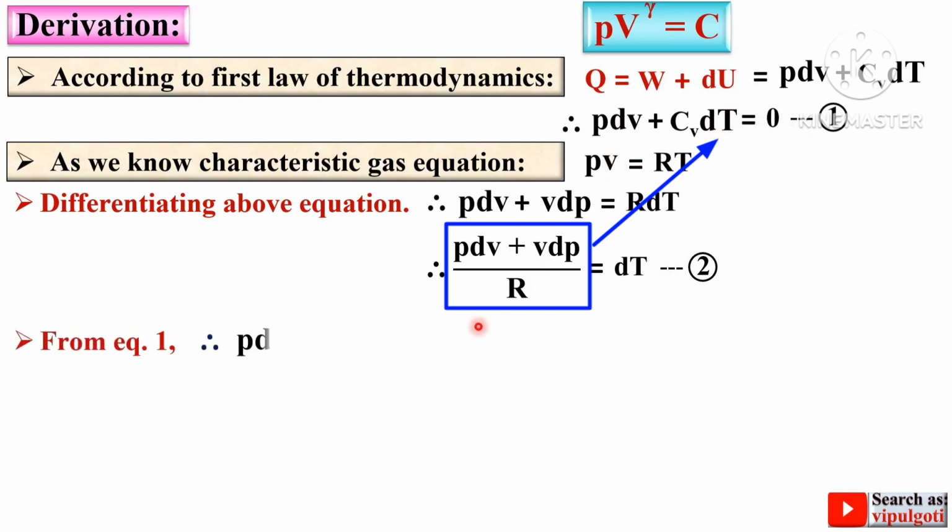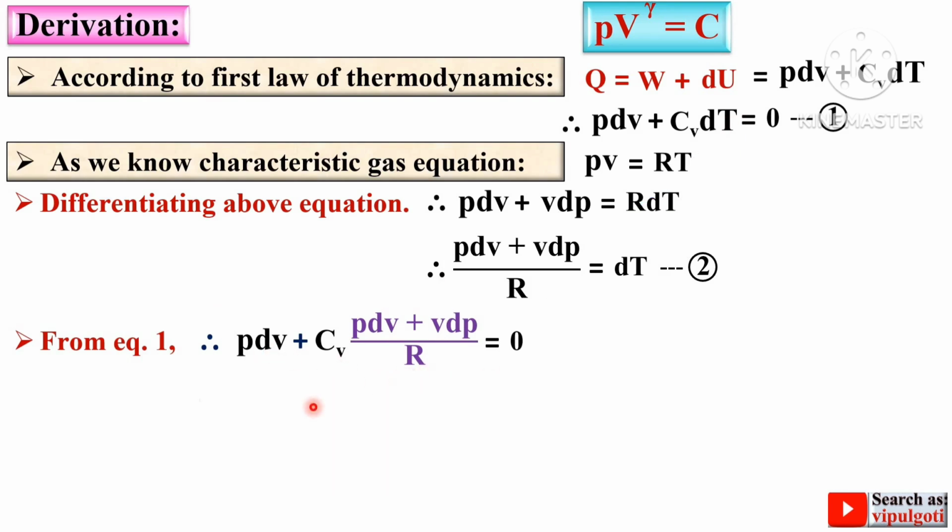So PdV as it is plus Cv also as it is. Only put dT equal to this term, equal to 0 as it is. Now multiply the whole equation by capital R. So you will get R into PdV.